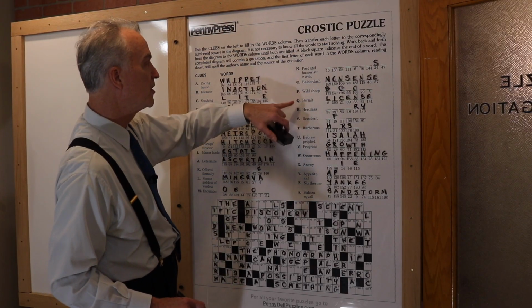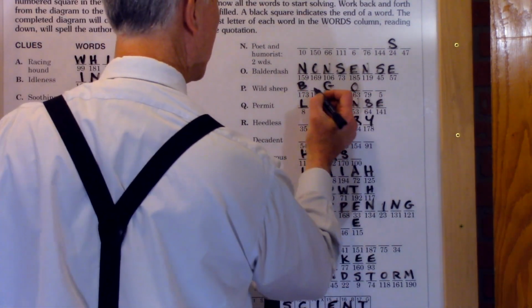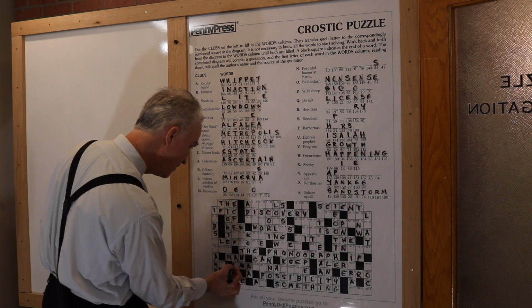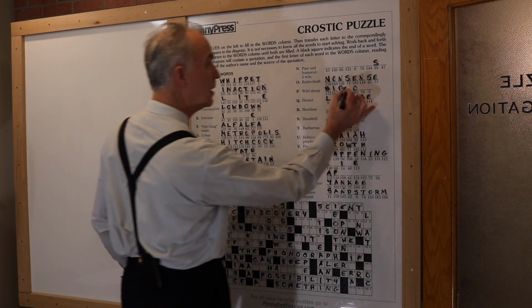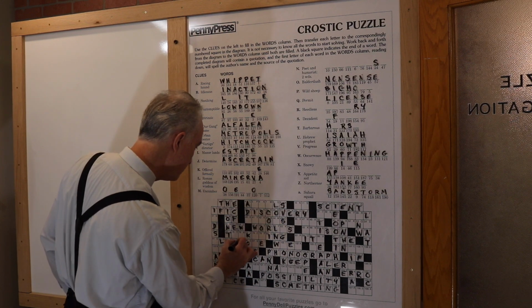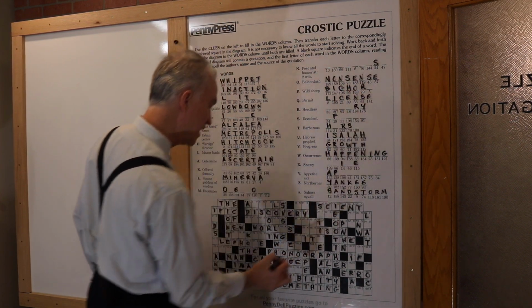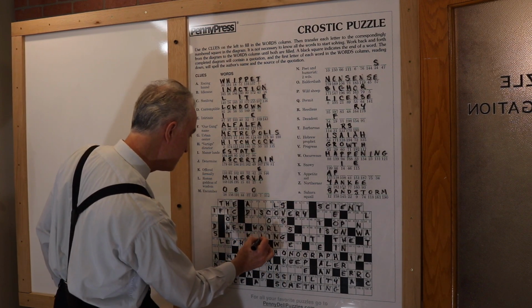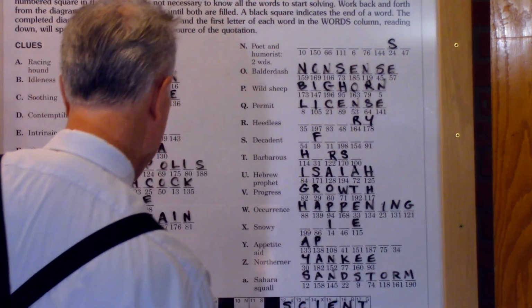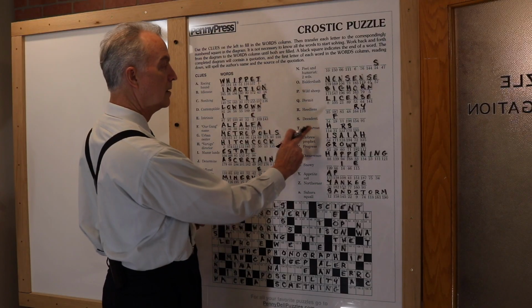Poet and humorist, wild sheep, bighorn. 147, I. 95 is H. 79 is R. And 5 is N. Barbarous.